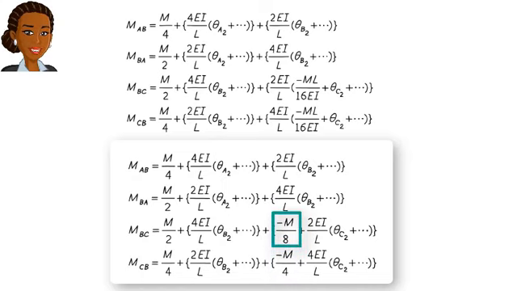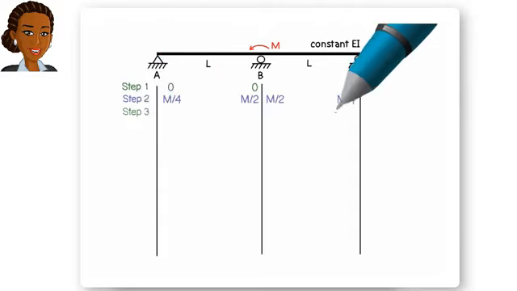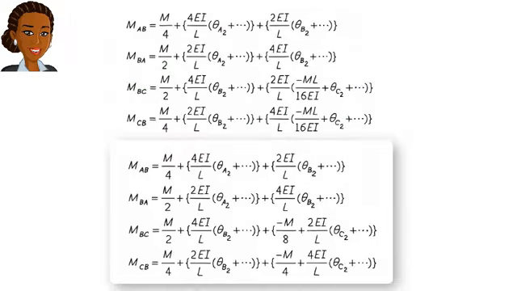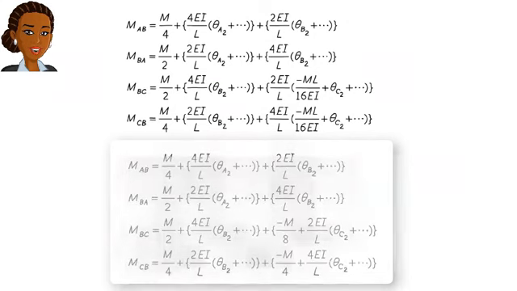This is the moment at the left end of the segment, and this is the moment at the right end of the segment. Let's add them to our table. Now, rearrange the slope deflection equations.